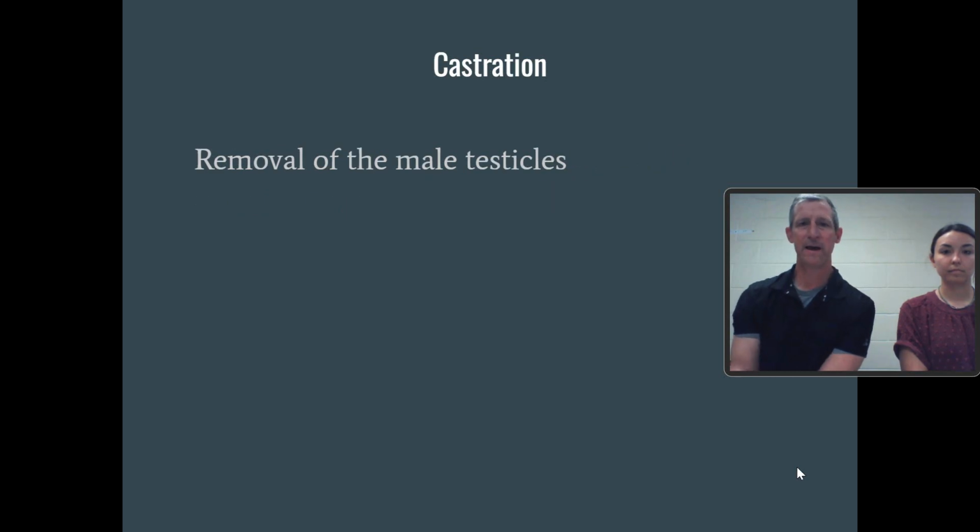All right, I'll take castration, removal of the male testicles. As we talked about earlier in our chart, we talked about knowing the proper name for castrated animals, like for instance in cattle, it was steer. The reason we castrate, remember, is basically 2 reasons. Number 1 is to improve meat quality. It's a huge difference in the amount of marbling, which we'll talk about a little bit later, that goes into the meat that gives it flavor.